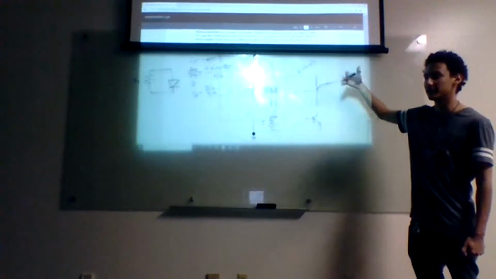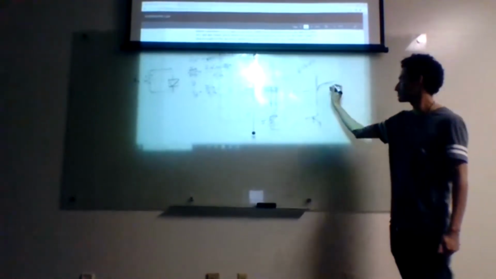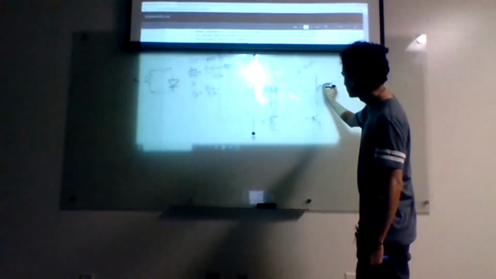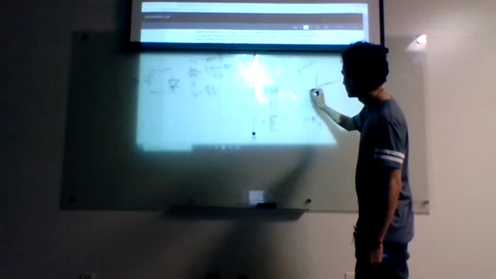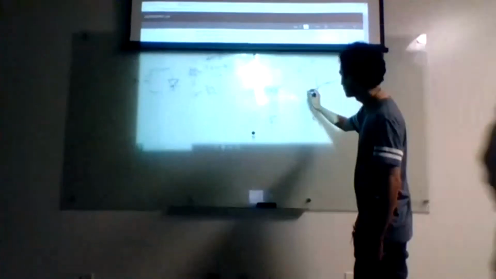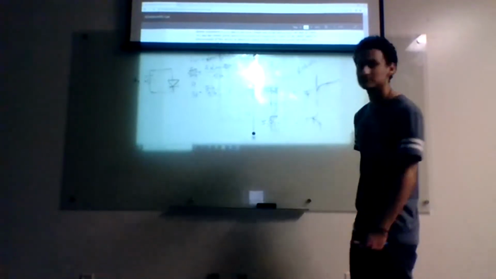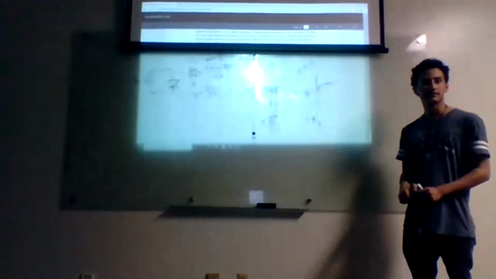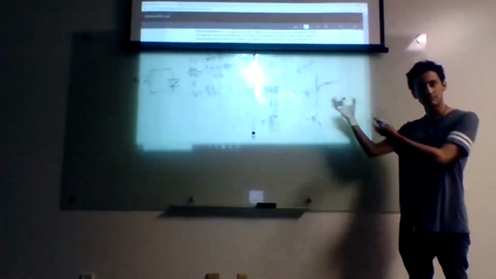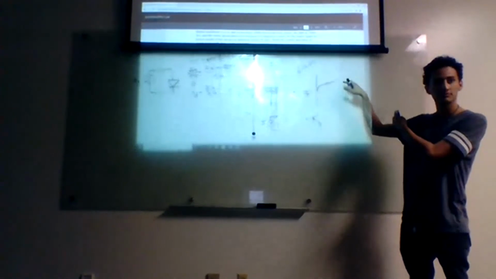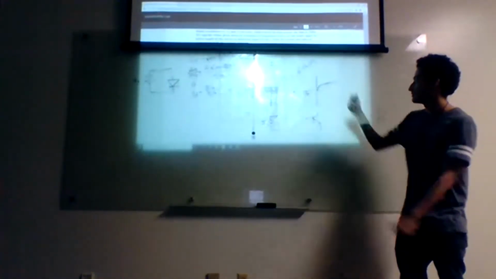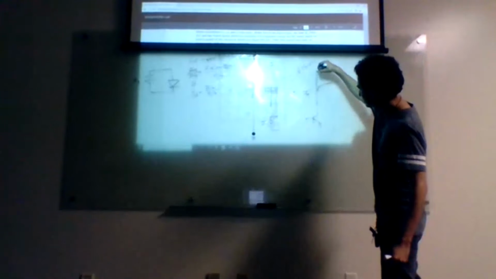They have a finite output resistance, and you can characterize that by taking this slope all the way back to this point, negative VAF. That's where early voltage comes from. It's from the slope of the collector current.